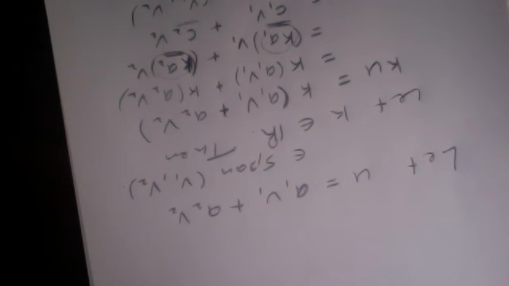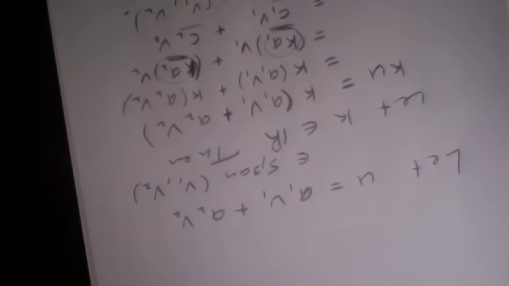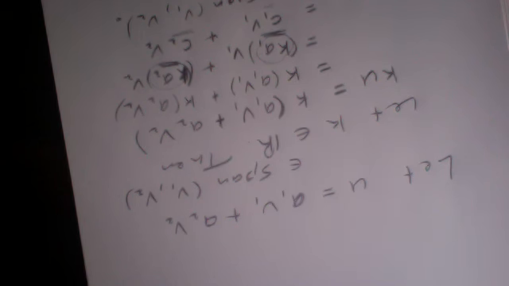So the span is a subspace. So therefore, we just proved that the span of V1, V2 is a subspace of V. All right, and that's what you were asked to prove.